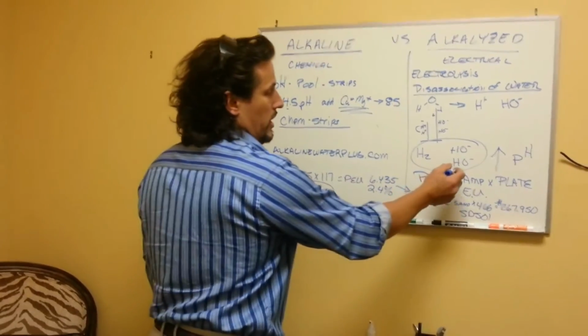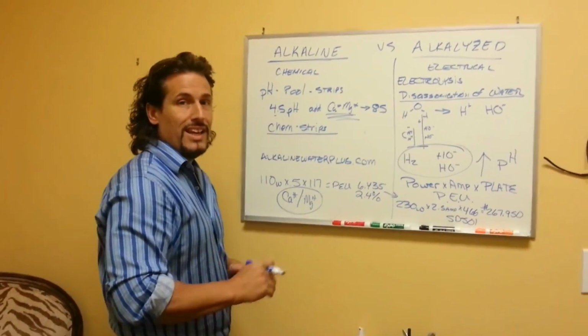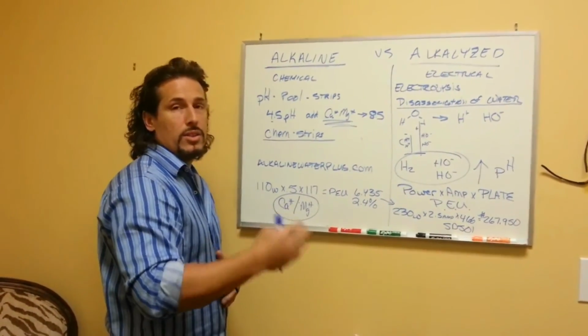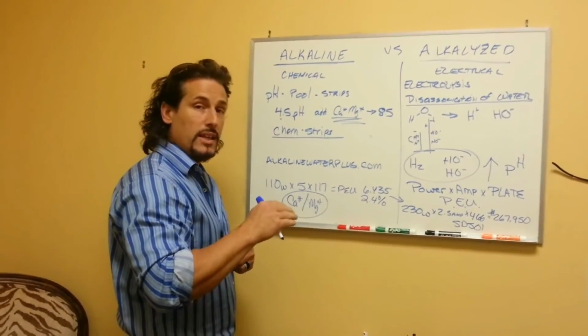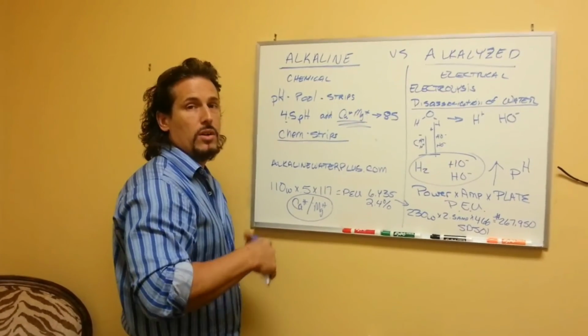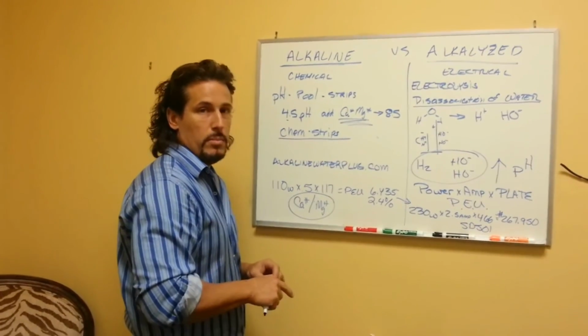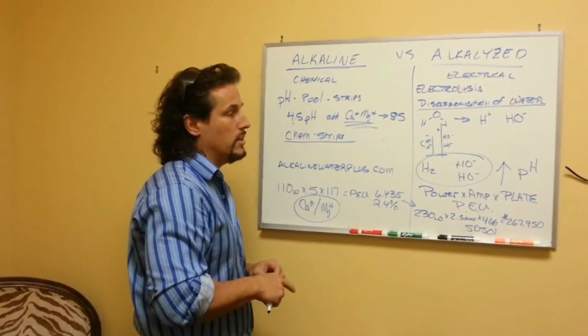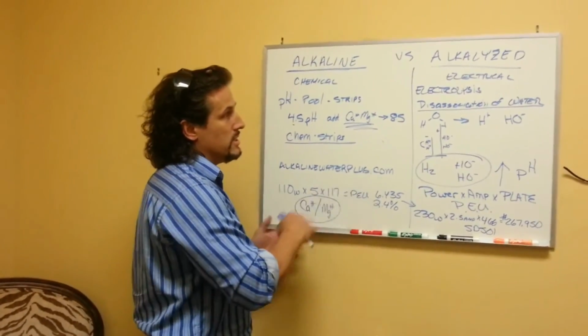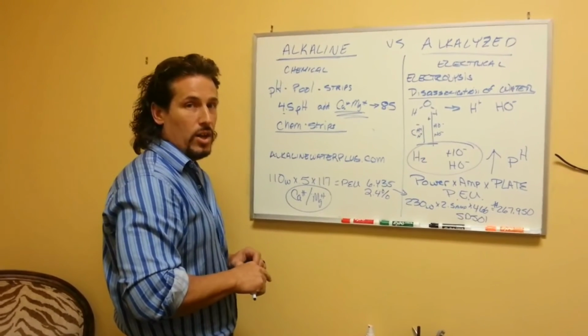The hydroxyl ions will continue to go through the aquaporin, and that will flush out the toxins within the cell, so you'll get an alteration of the intracellular pH, which removes cellular metabolic byproducts such as urea, ammonia, CO2, things like that. So that's the essential difference between alkaline and alkalized water.